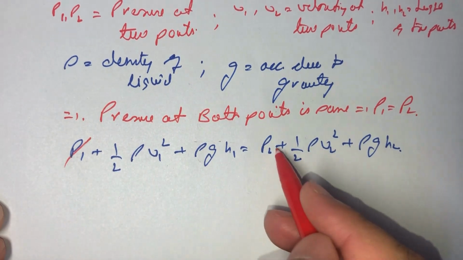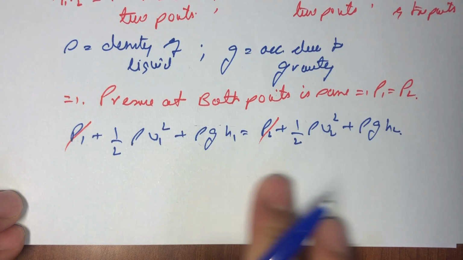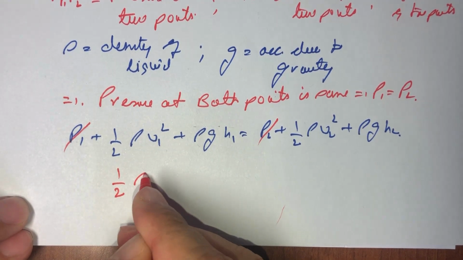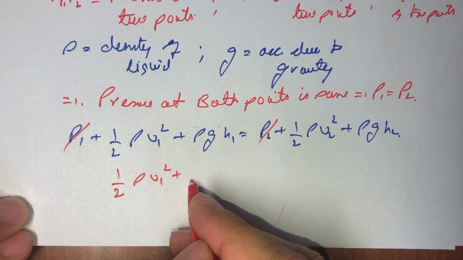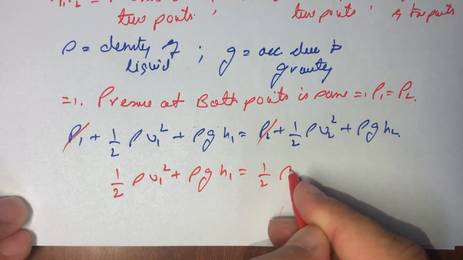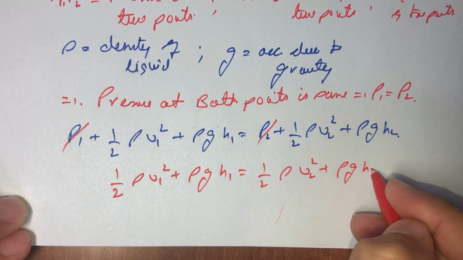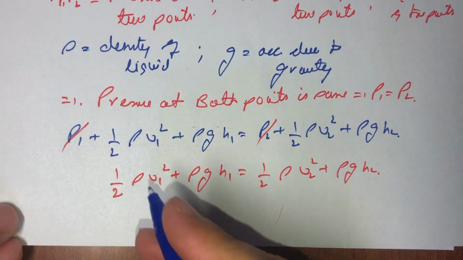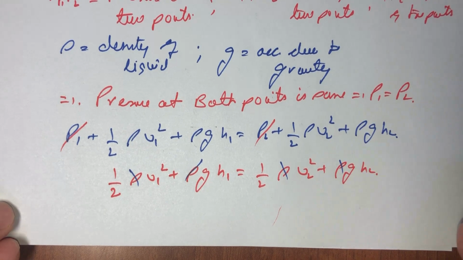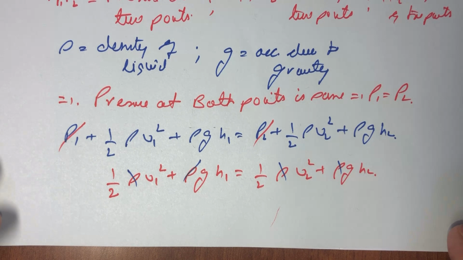So P1, P2 cancel out, and now we are left with half rho V1 square plus rho g H1 equals half rho V2 square plus rho g H2, and rho also cancels out throughout.